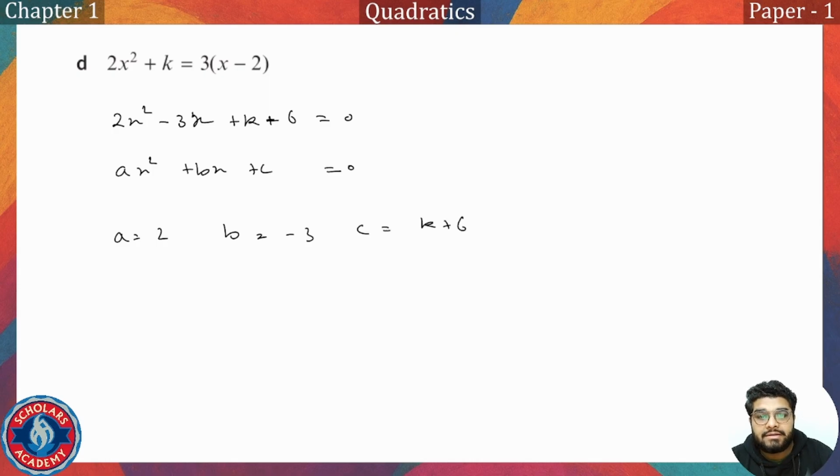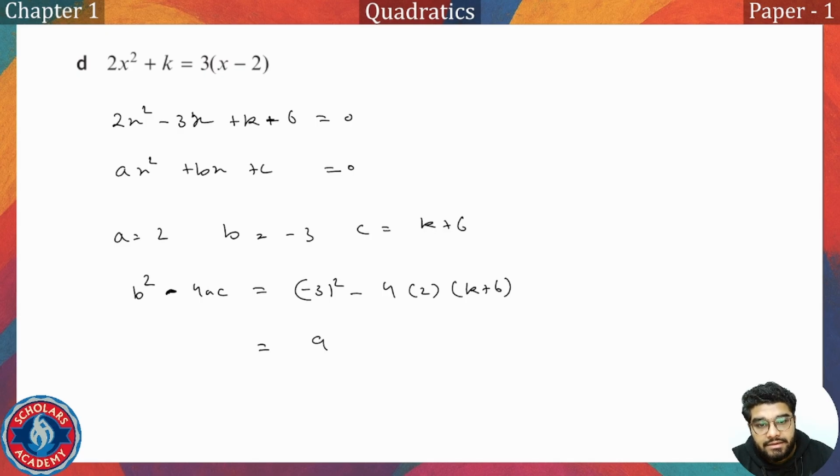Right? So these are the values of a, b, and c. You will find the value of discriminant b square minus 4ac. So b square minus 4ac is equal to negative 3 square minus 4 times a, that is 2, and c, that is k plus 6.